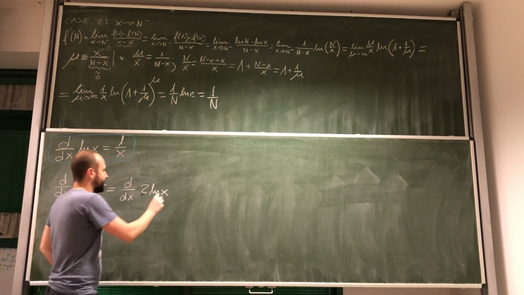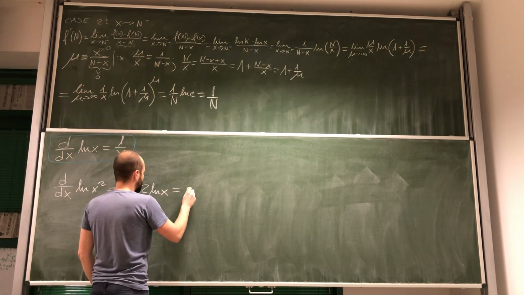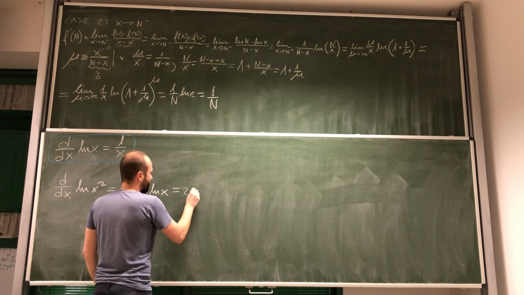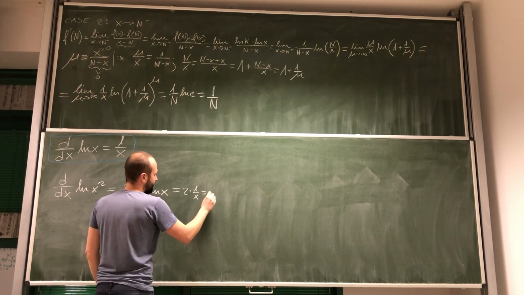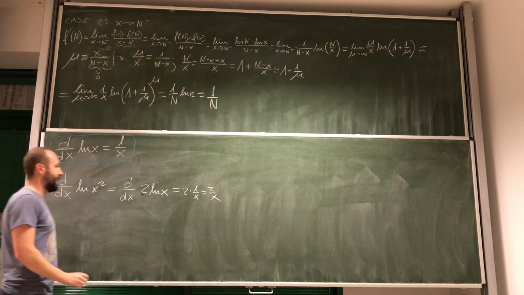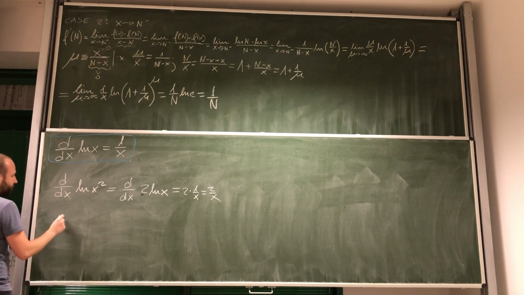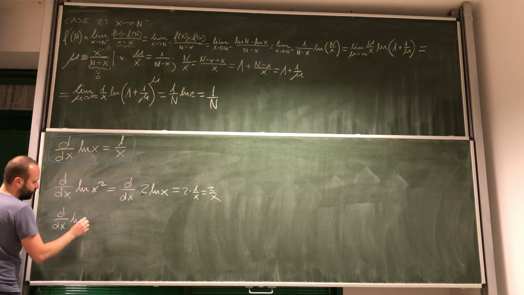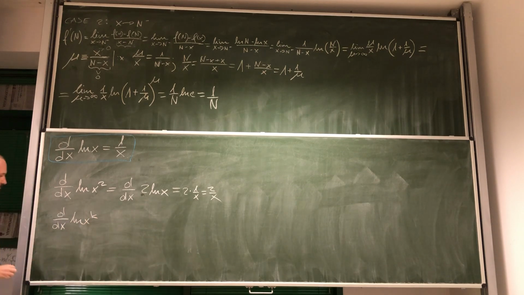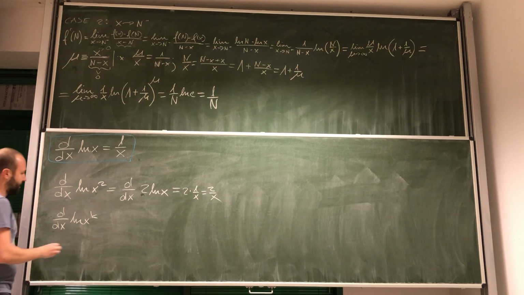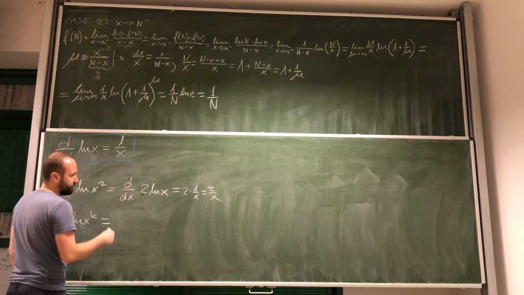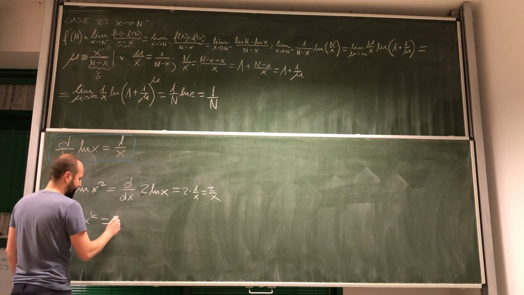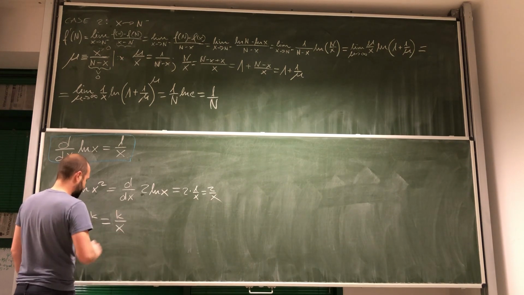So we're going to get that this is simply 2 times 1 over x, which means that this is 2 over x. So in general, we will get that the derivative of ln x to some constant power k is going to be equal to k over x.